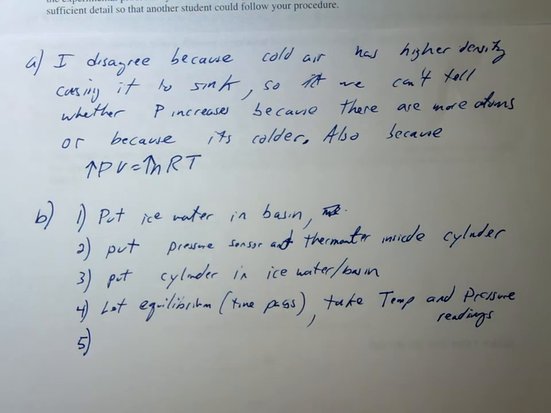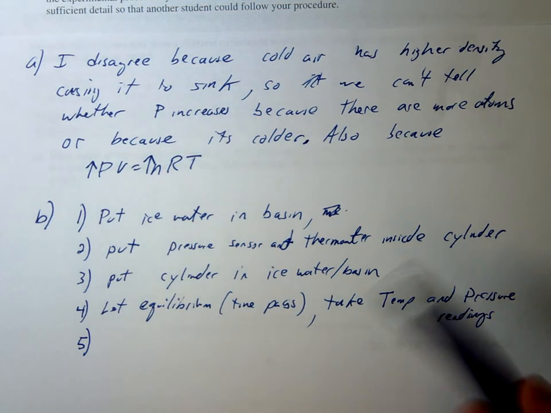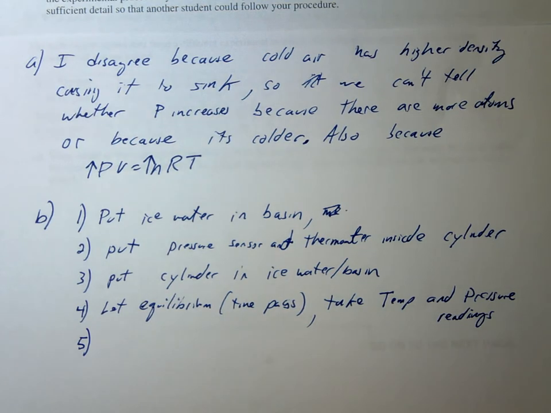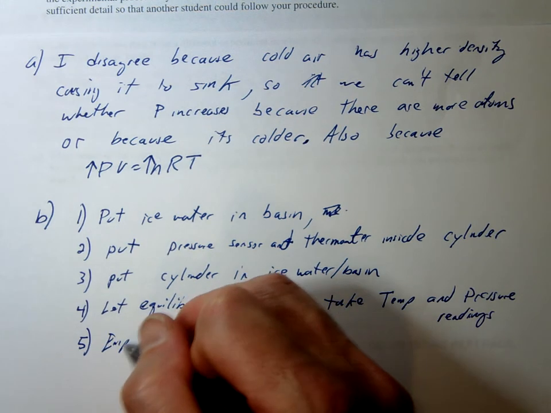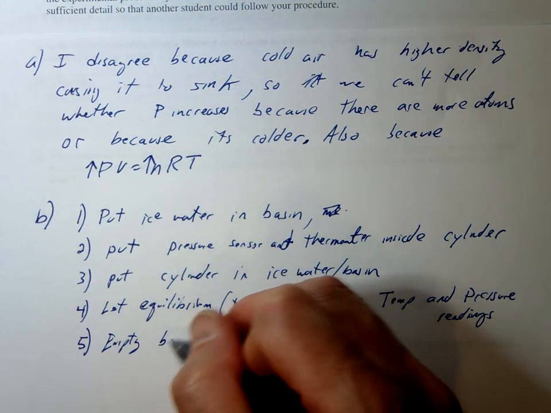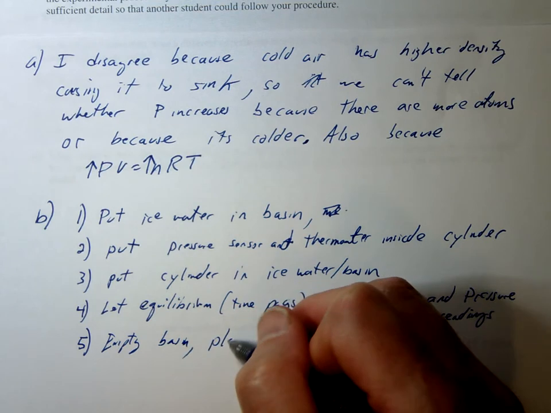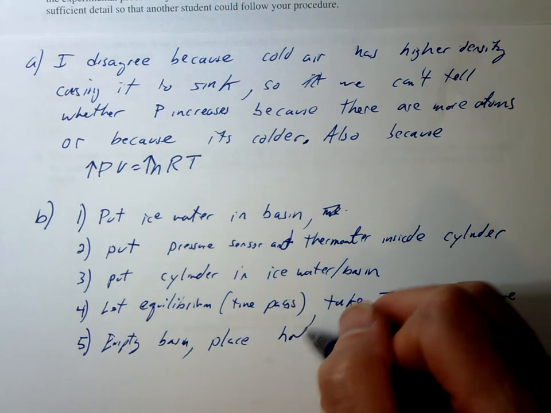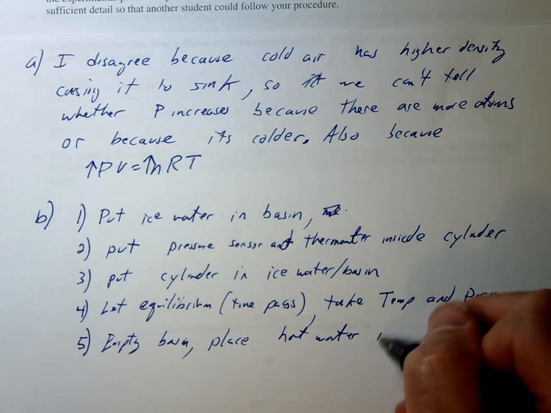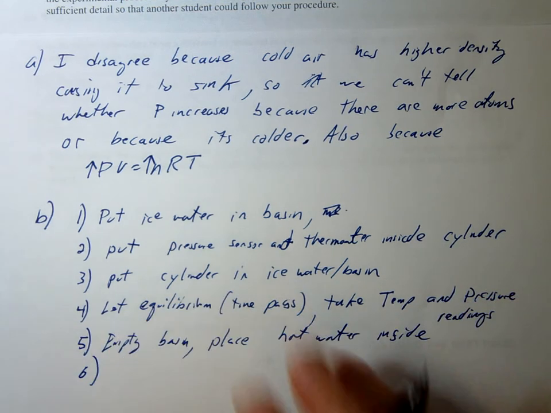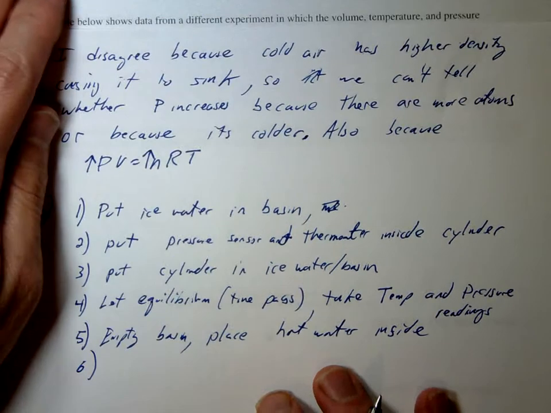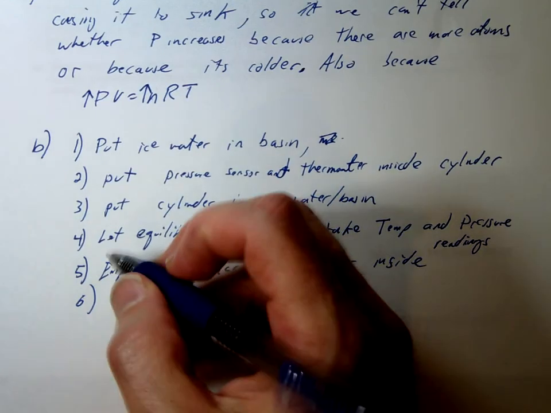Step 5. Okay, now we're just going to try it with the hot water. So empty the basin, place hot water inside, and then we'll essentially repeat steps 3 and 4.